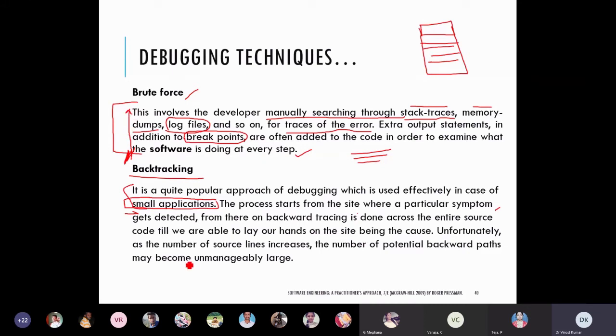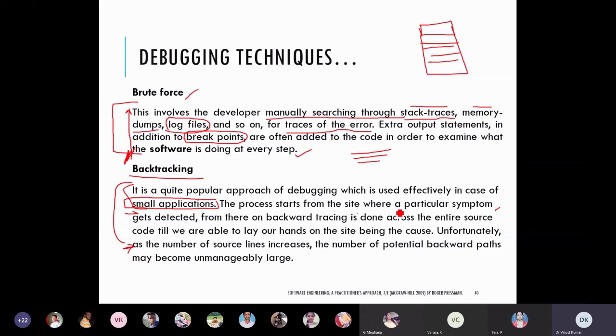After fixing this, you go on to the next step. Again, if there is some problem at another line, you go back. Backtracking means moving backward.